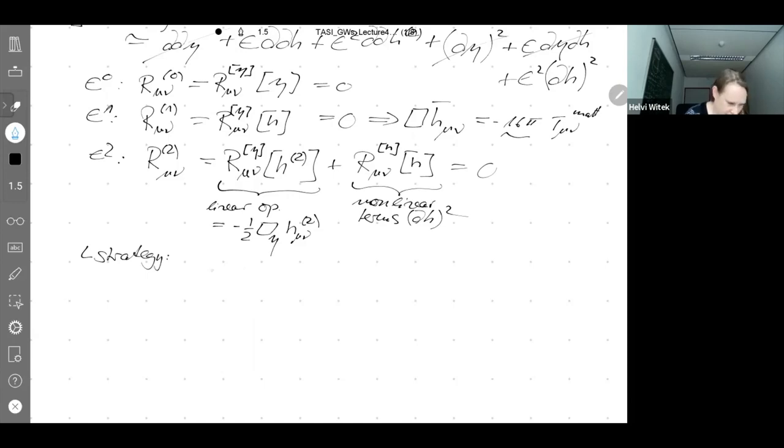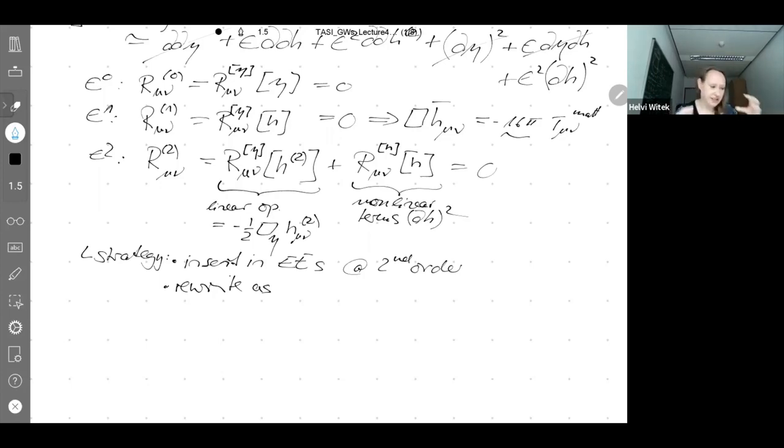is that we say, okay, insert all of this in Einstein's equations at second order. Then let's rewrite the equations that we get as essentially something that looks like the Einstein tensor operating on our second order metric with some energy momentum tensor.